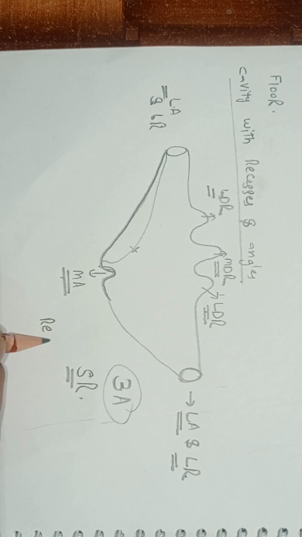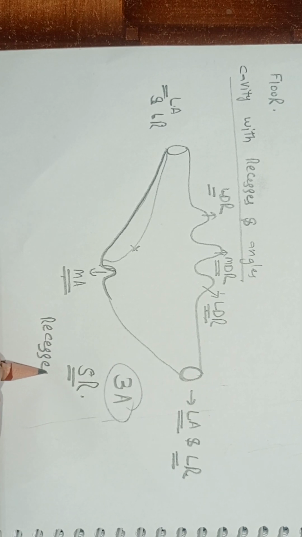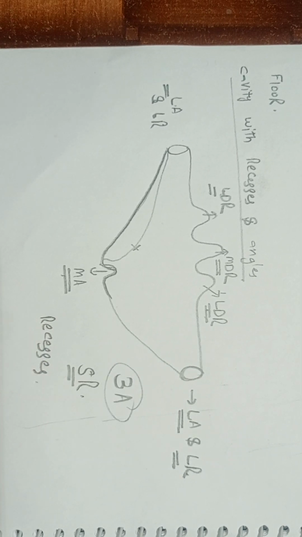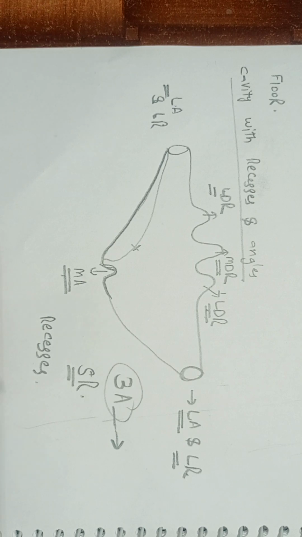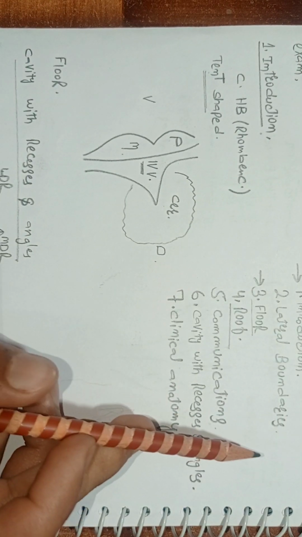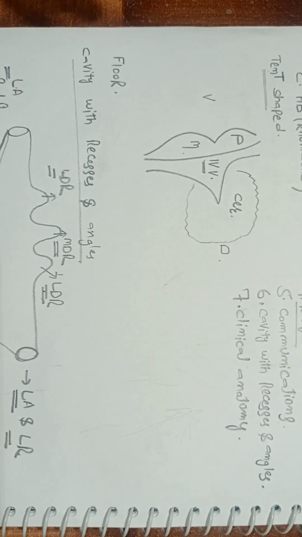A recess is an extension of a cavity. We are talking about the fourth ventricle, so here we have the recesses of the fourth ventricle. What are these recesses for? These accommodate CSF and help in CSF circulation. These three apertures come under the heading of communications.